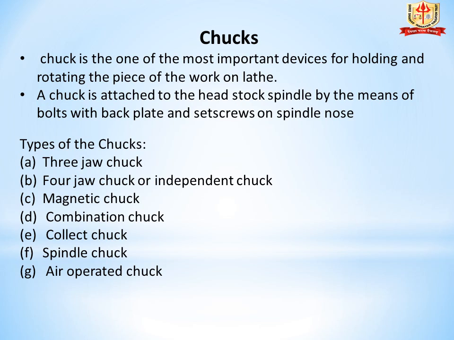Then there are various types of chucks. First is a 3-jaw chuck, second is a 4-jaw chuck or independent chuck, third is a magnetic chuck, fourth is a combination chuck, fifth is a collet chuck, sixth is a spindle chuck, and seventh is an air operated chuck.